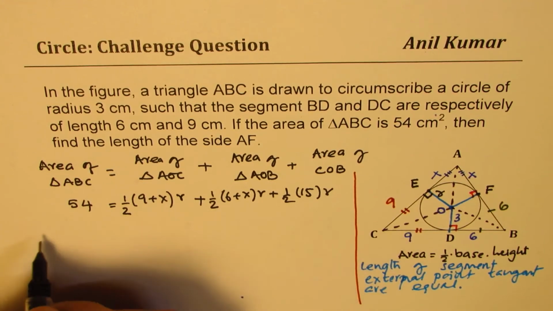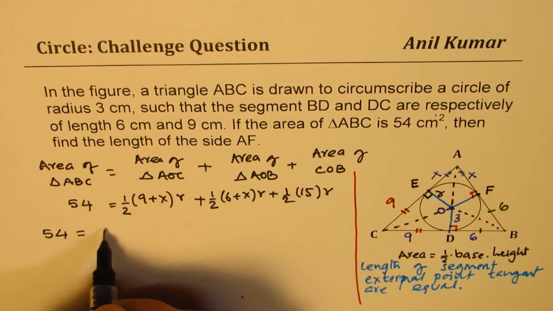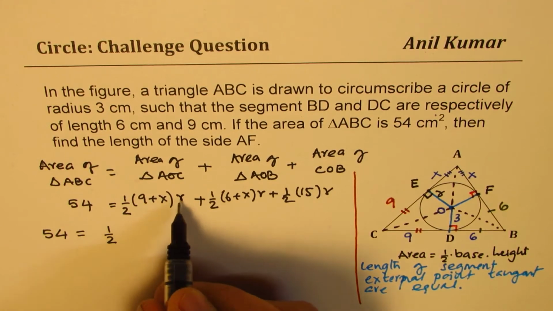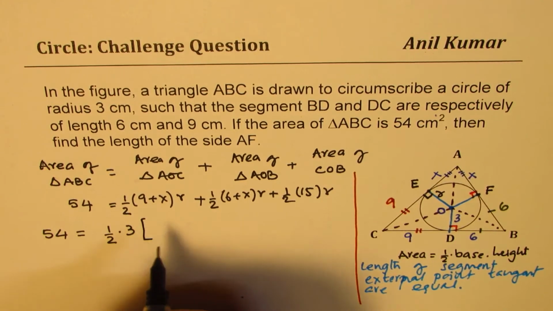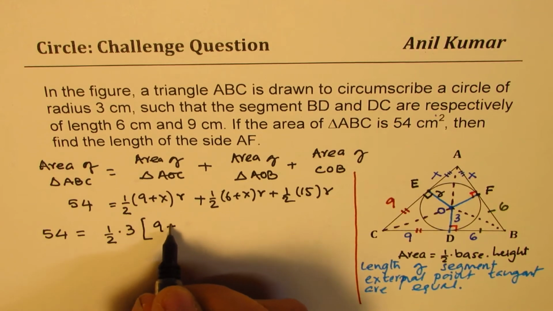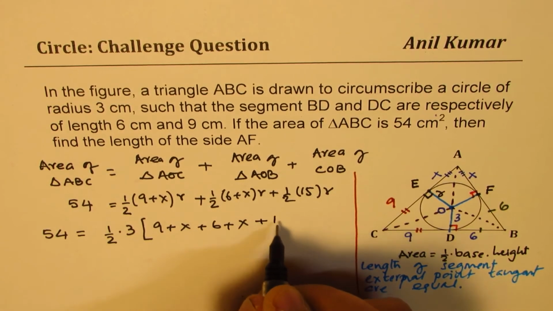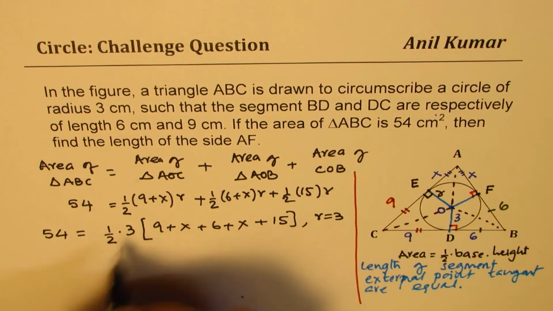So I can now write 54 equals half. Taking r as common, inside the bracket we get 9 plus x plus 6 plus x plus 15. We know r equals 3, so I substitute 3 for r.